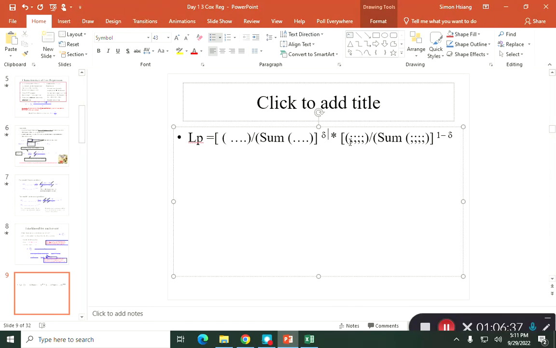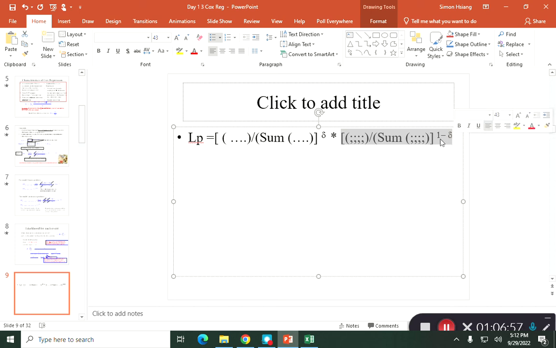So the delta is a number, either 0 or 1. Because if this delta is equal to 1, these things exist. 1 minus 1, these things become 0, become 1.